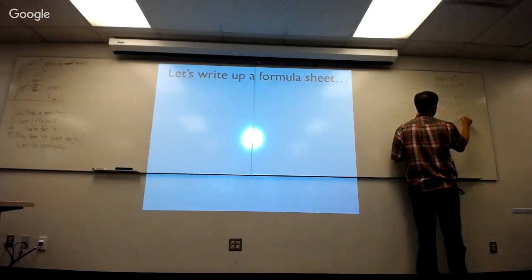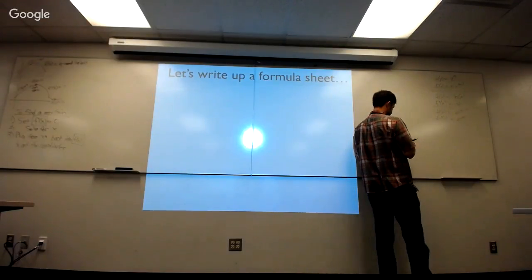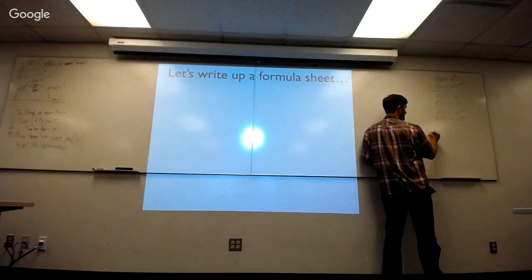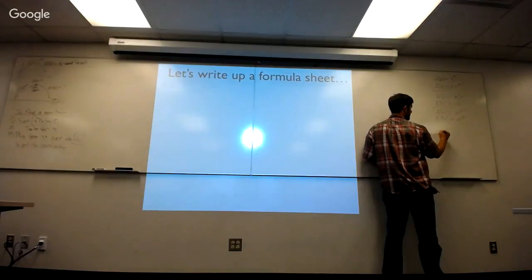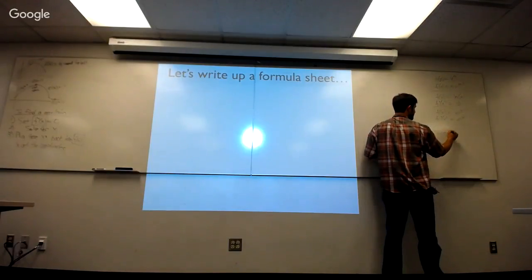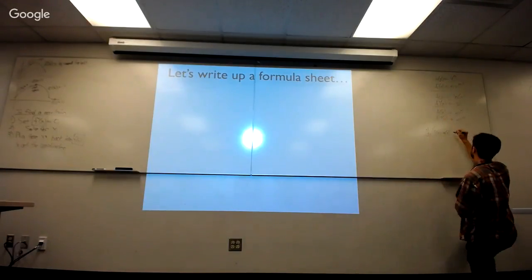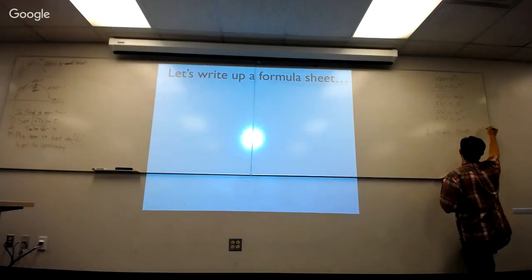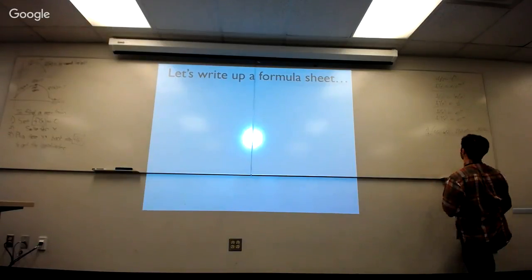And we also know the product rule, so d dx of f of x times g of x is the derivative of the first times the second plus the derivative of the second times the first. That's the product rule.